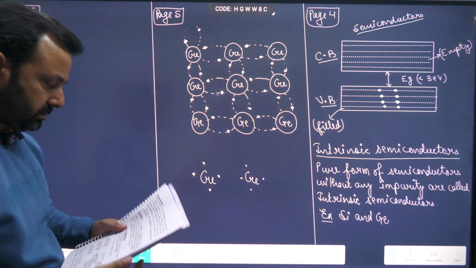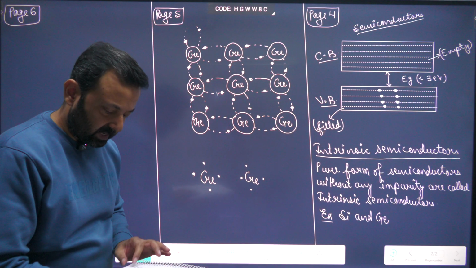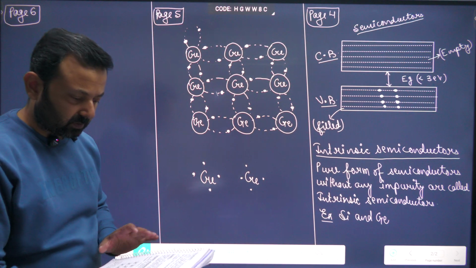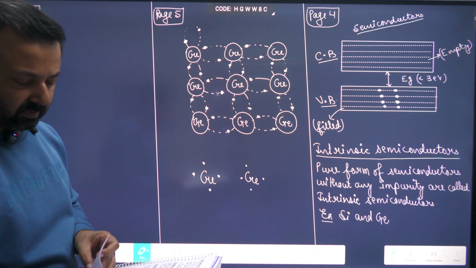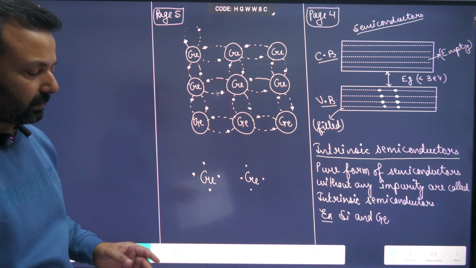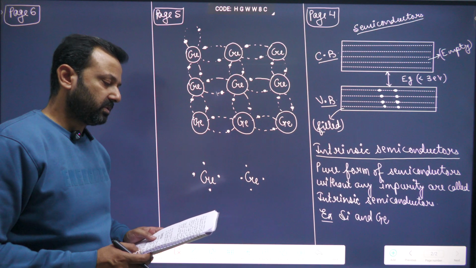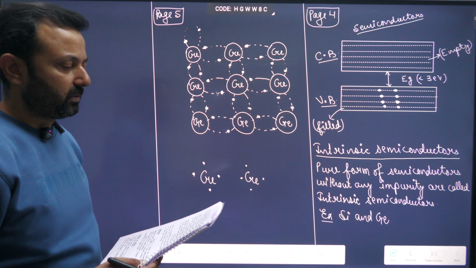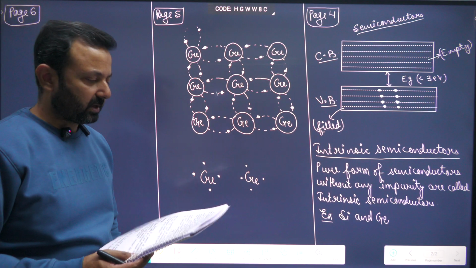So this is all about intrinsic semiconductors. I am reading the last line of this page: both the atoms, silicon and germanium, have 4 valence electrons. The 4 valence electrons of a germanium atom form 4 covalent bonds by sharing the electrons of neighboring 4 germanium atoms.